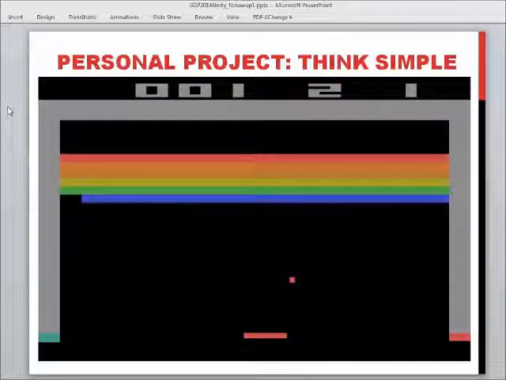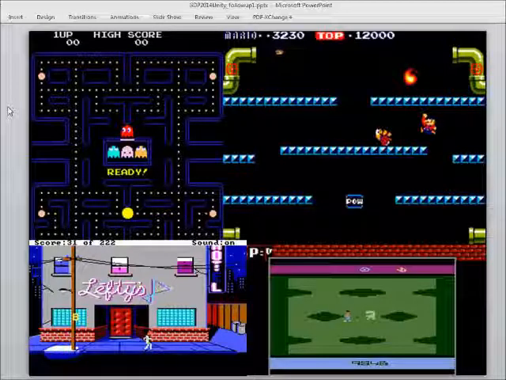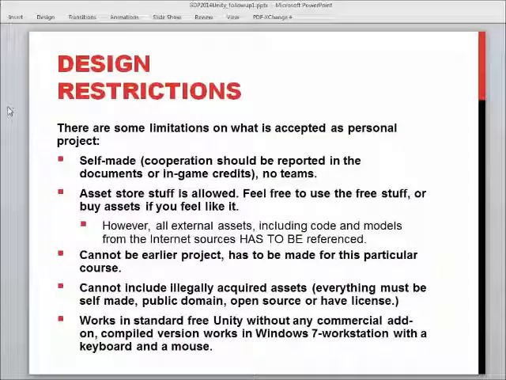And like I said on the first lecture, your personal project should be something fairly simple, because the idea is that after this course you are able to participate in the Game Jam Code Camp next January, which is the first course where you are actually tasked to do something.